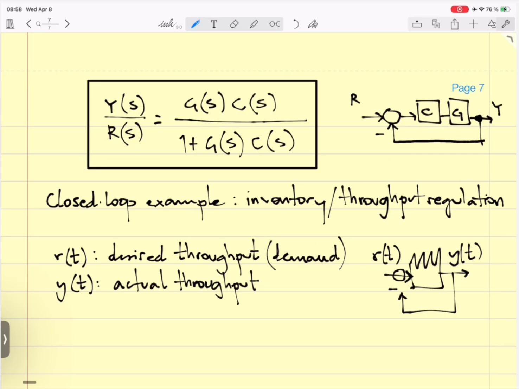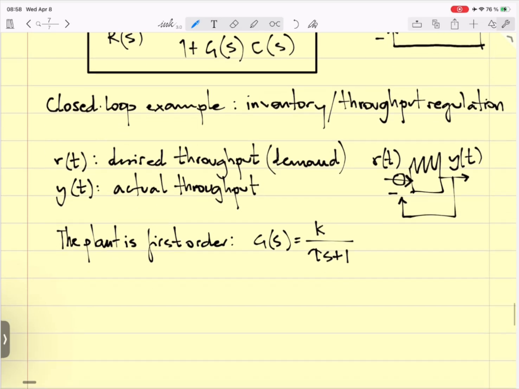So the plant is first order. So G of S is K divided by tau S plus 1. Or K sub P. The controller is proportional.